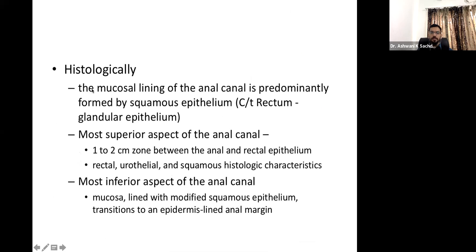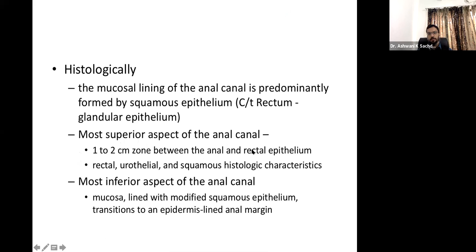Next are the histological features. The mucosal lining of the anal canal is predominantly squamous epithelium. As we have seen, the rectum has columnar epithelium, and the anal canal is predominantly squamous. There is a transition zone.